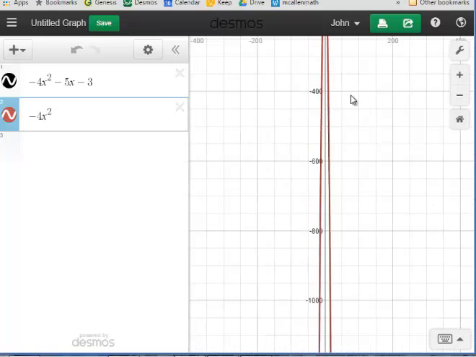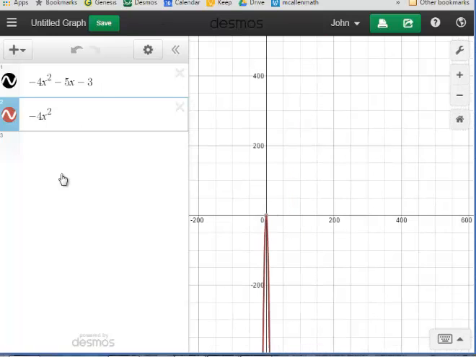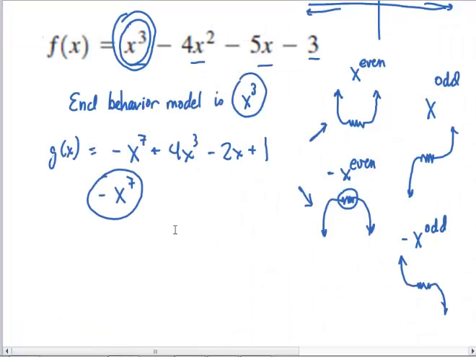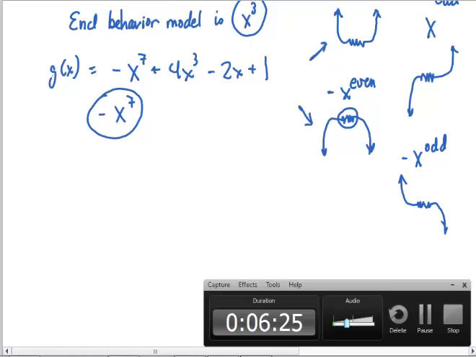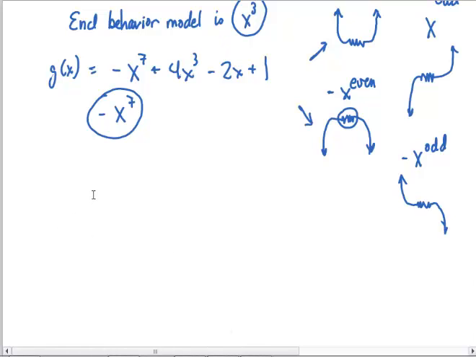And the last thing we want to do, I almost forgot, is describe this end behavior with limit statements. If I were to look at the function and use a limit to describe end behavior, let's say we're talking about negative x to the 7th.